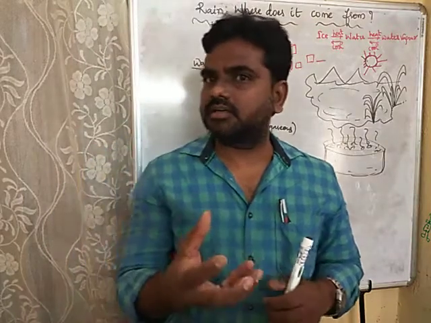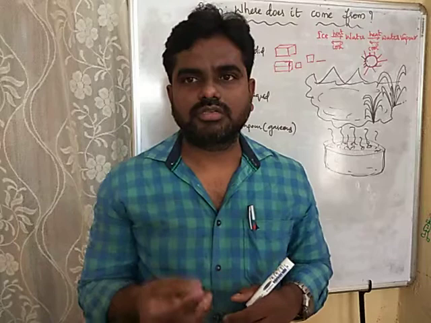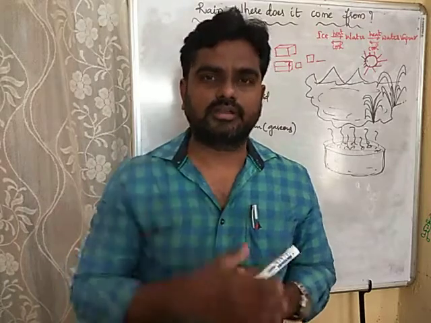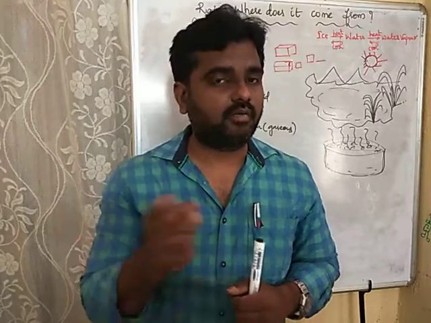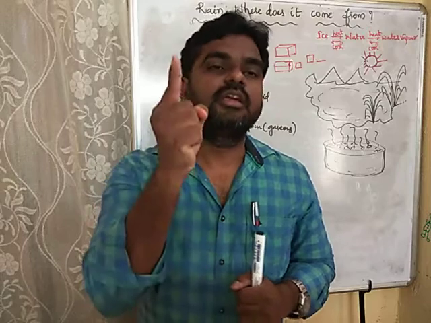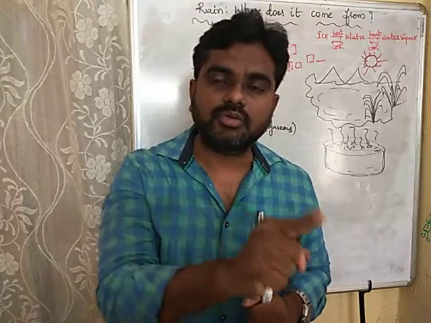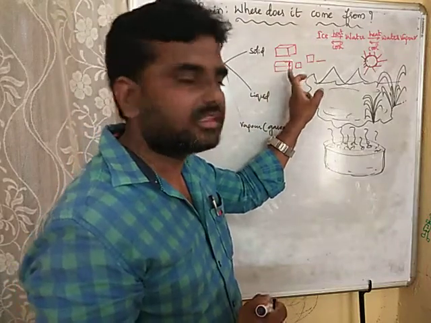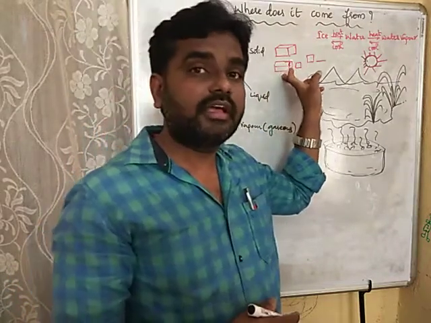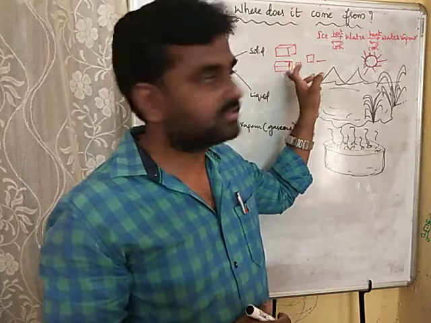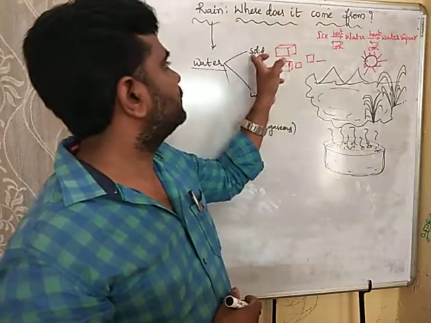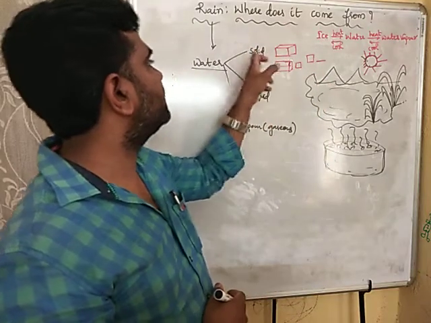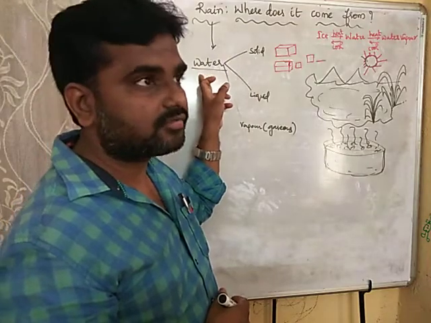To get the ice blocks, you have to pour some water, isn't it? That means the water is converting into another form called solid form. In other words, we call it solid ice. It is the first form of water.